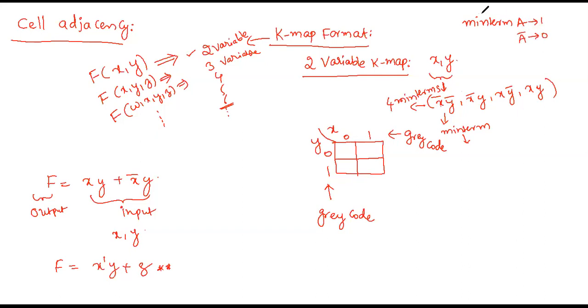So x bar y bar is 0 0, x bar y is 0 1, x y bar is 1 0, x y is 1 1. You have these corresponding values.